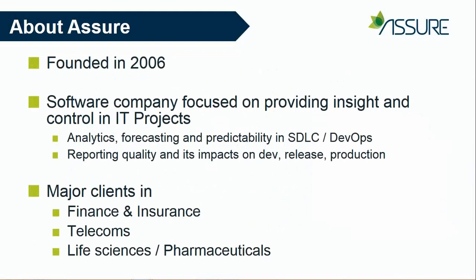Our clients are in certain verticals where we are stronger than others, including financials, telecoms, and life sciences. There are also customers in technology, retail, and others, so definitely not limited to the verticals on the screen.